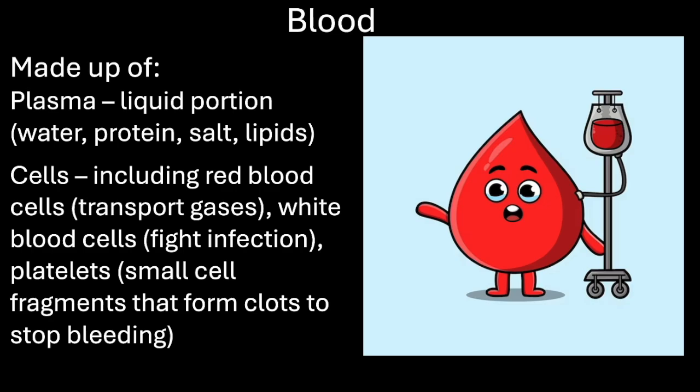There are also platelets, small cell fragments that help clot cuts in our bodies in order to stop bleeding. So if you ever have just a little hairline cut, it's going to fill up with these platelets really quick, and hopefully you won't be bleeding for too long.